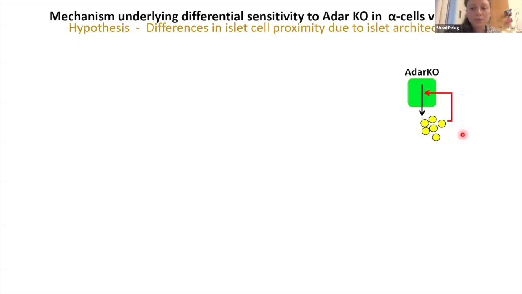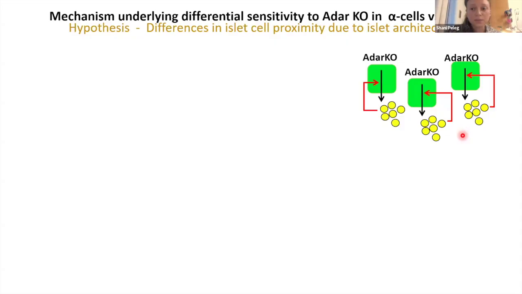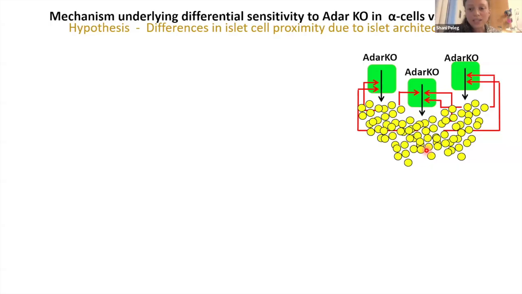Now, what happens when this mutant cell is located in proximity to other mutant cells? The type 1 interferon that's secreted by these adjacent cells will bind to other mutant cells, leading to more and more type 1 interferon secretion, an augmentation of the interferon response. And this could later attract immune cells.